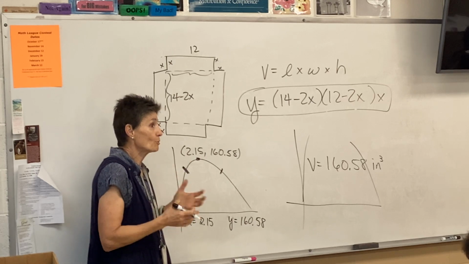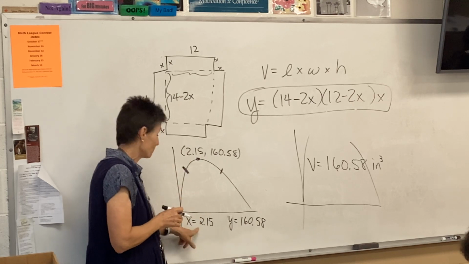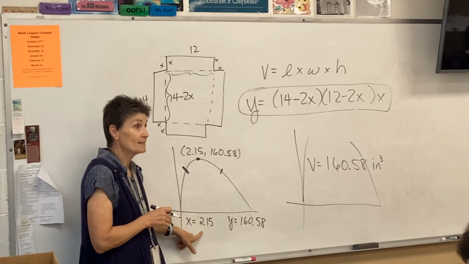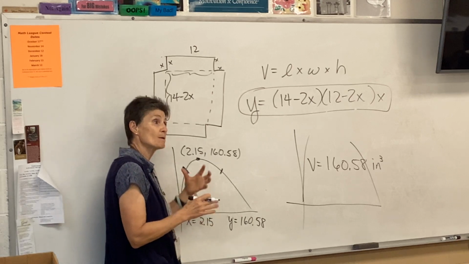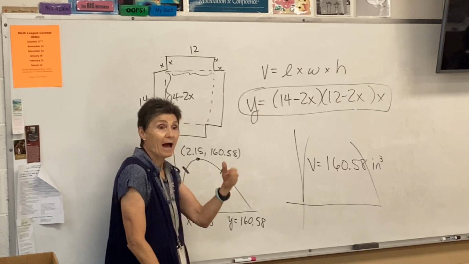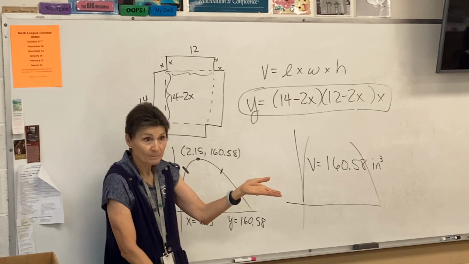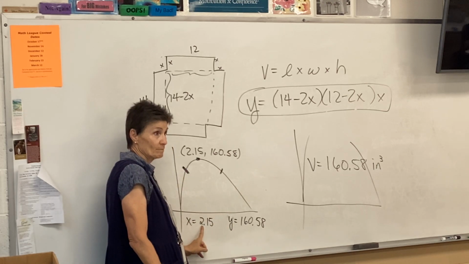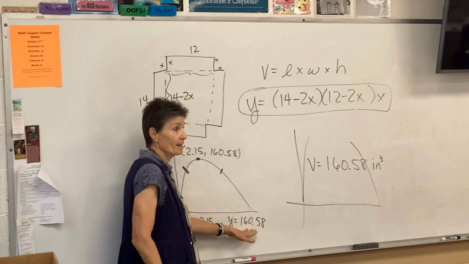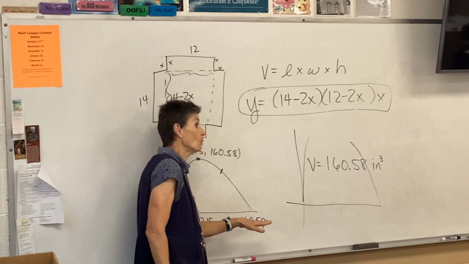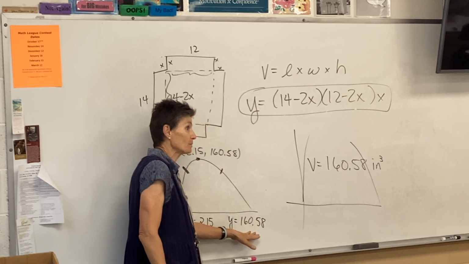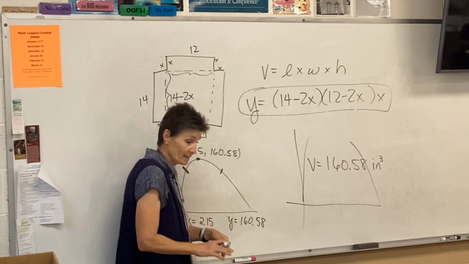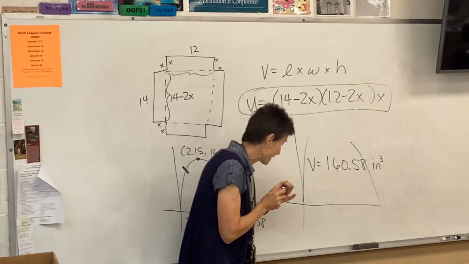What size corners should we have cut out of this paper? 2.15 inches. So sometimes the problem will say, how big should the corners be? And then this would be the answer. Our question said, what is the volume? So that was the answer. Okay? We didn't have time to do the second one. We'll do the other one next time.